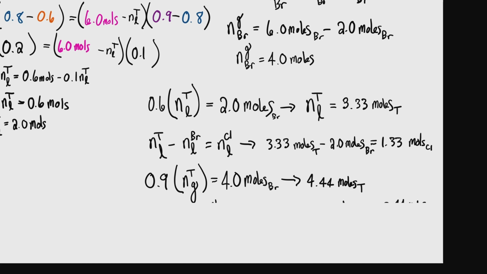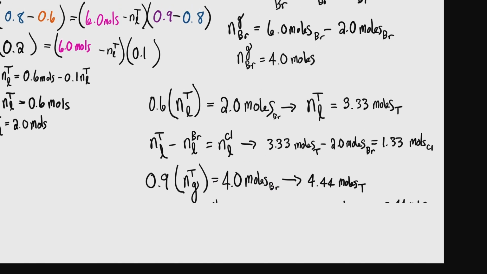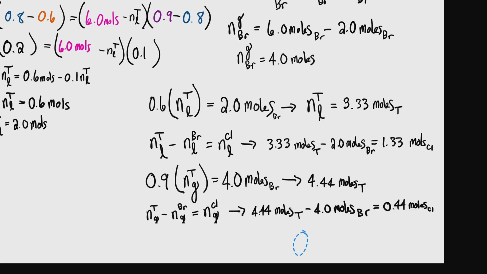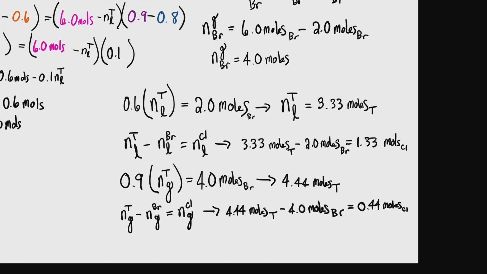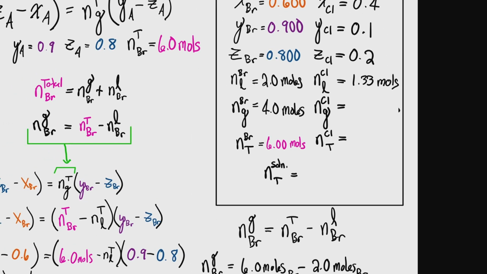So we can take 4.0 divided by 0.9, and we can find the total moles of solution in the gaseous phase, which is 4.44. We then do another simple rearrangement. We take total moles of gas minus the moles of bromobenzene equals the moles of chlorobenzene in the gaseous phase, and we can see that we have 0.44 moles of chlorobenzene in the gaseous phase.